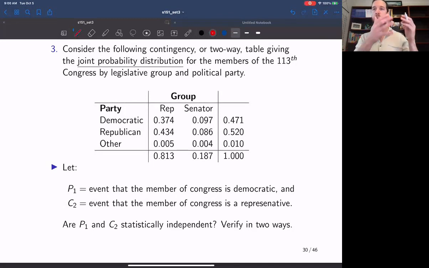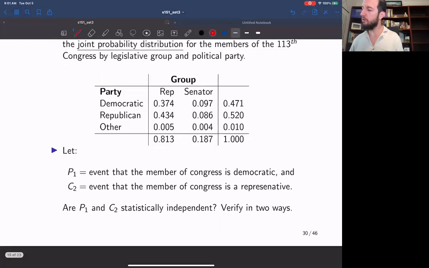So instead of a contingency table of counts, we now have a contingency table of probabilities. We've just created a different visualization of the same information. So if we were asked for specific probabilities, the marginals and the joints are now displayed and we don't need to compute them. We can just pull them out of the table.